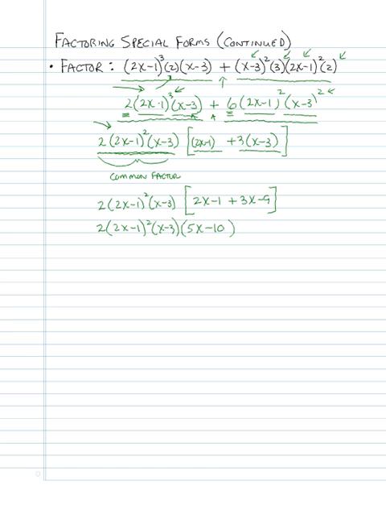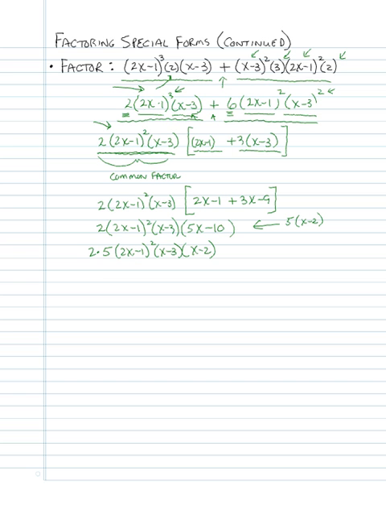And then I do notice that 5x minus 10, we can factor out a 5, can't we? See that 5x minus 10, we could write as 5 times x minus 2. So we have a 2 times the 5 that we're factoring out times 2x minus 1 squared times x minus 3 and times an x minus 2.